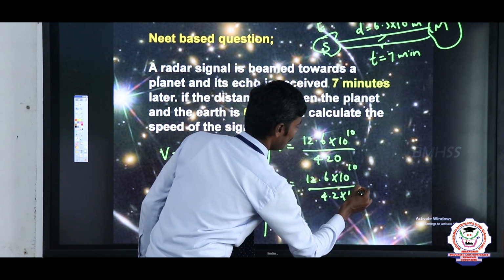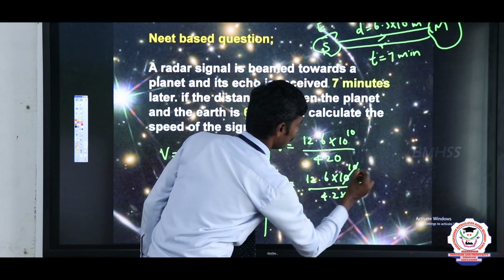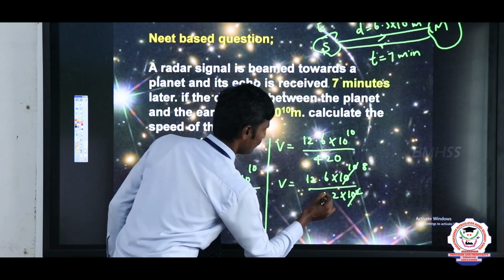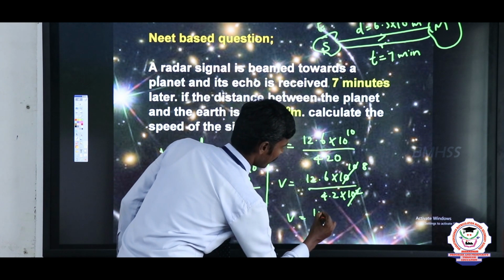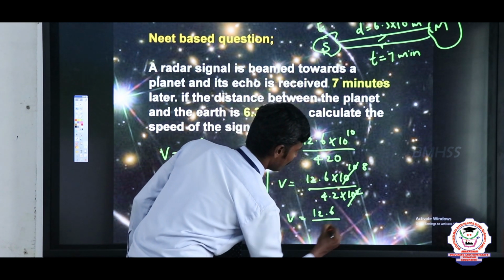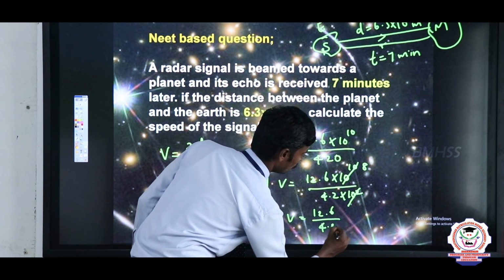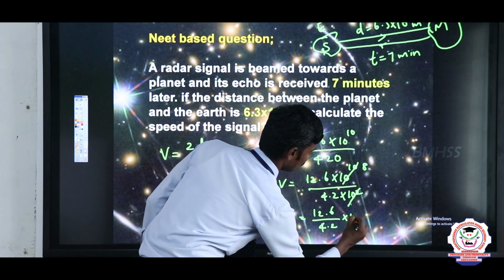So here 10 power 2, 10 power 10, remaining 10 power 8. Simplify this value, we will get the answer b equal to 12.6 divided by 4.2 into 10 power 8.